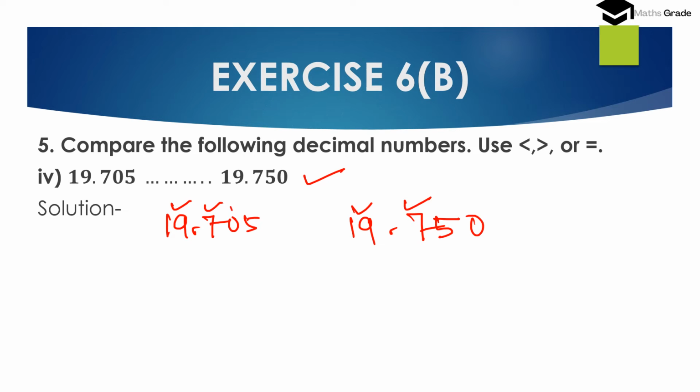In the hundredths place it is 0, here 5. So 0 is less than 5, so we have to place the less than symbol. So 19.705 is less than 19.750.